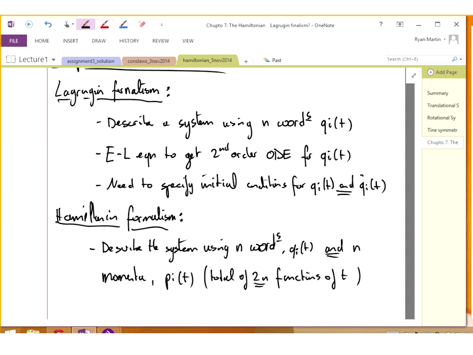So in the Lagrangian formalism, we're describing the system in what we call configuration space. In the Hamiltonian formalism, we call this phase space.